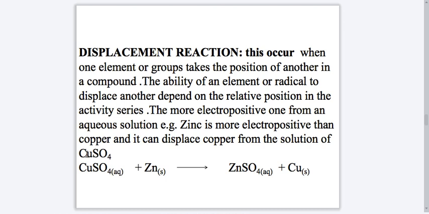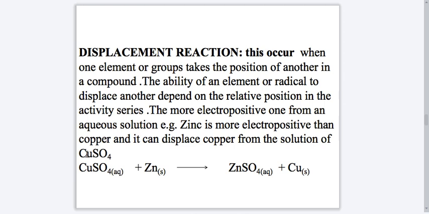The example here is zinc combined with copper sulfate to give us zinc sulfate plus copper atom. Zinc is able to displace copper because zinc is above copper in the activity series. That is why zinc can take the place of copper in the compound.